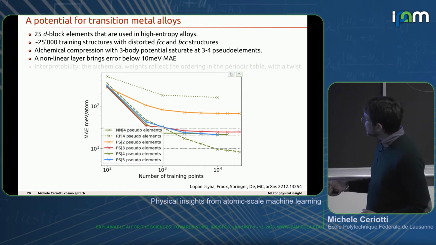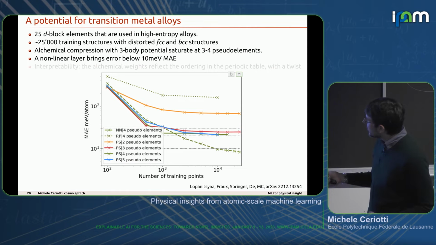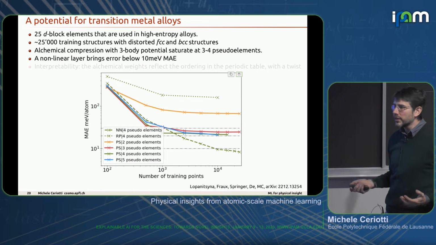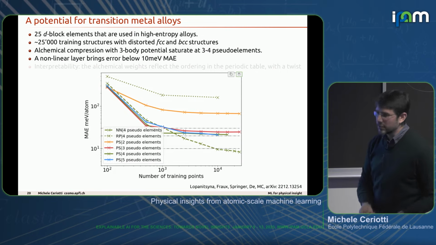And what we can see is that, here I want you to focus in particular on the yellow, red, green, and blue line, that basically the accuracy of the model saturates at 4 pseudo-elements. So there is no reason of using more than 4 pseudo-elements in the description of this system.